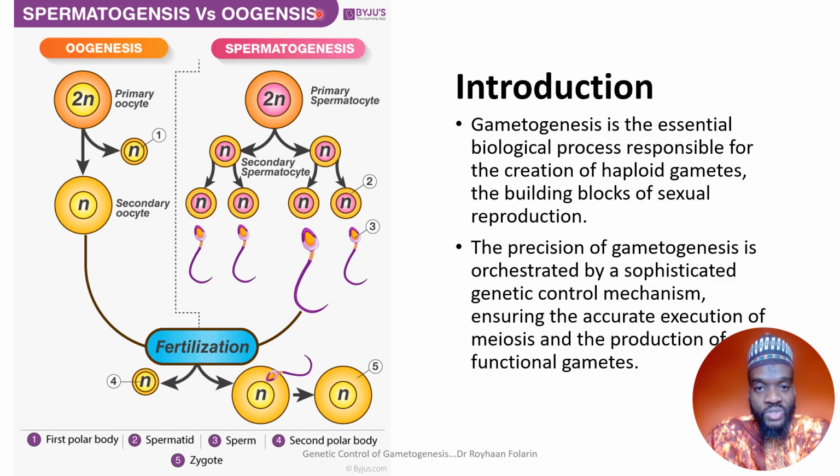And then you have spermatogenesis on this right side, where you have the primary spermatocyte, which is also diploid. 2N here means each of the chromosomes is doubled, before then transforming into the secondary spermatocyte, by which time it has become single copies of N, and then the secondary spermatocyte further divides, and then they have become spermatids, right?